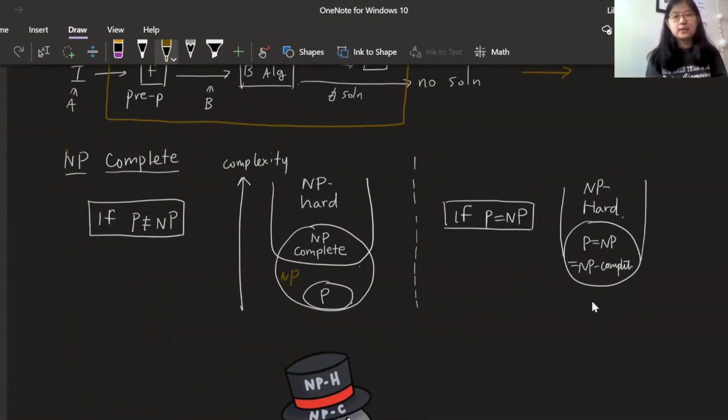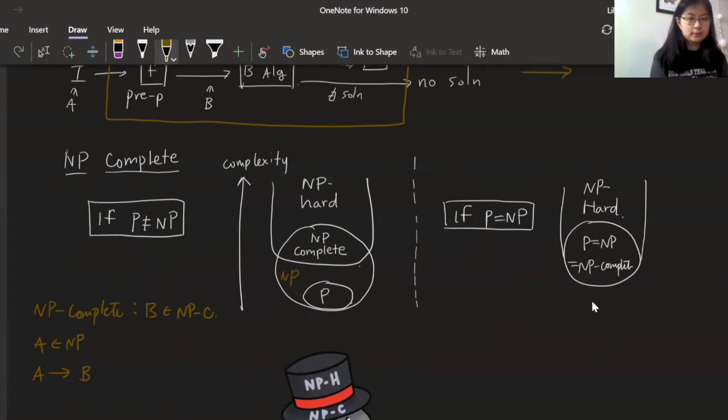And so there's a class of problems called NP complete. Let's write the definition here. NP complete means any problem in NP, so given any A in NP, A reduces to B, if B is in NP complete.